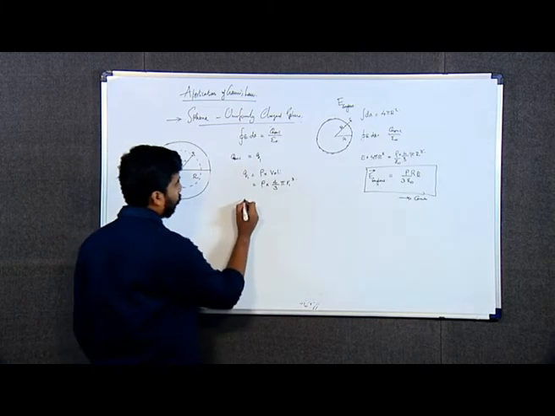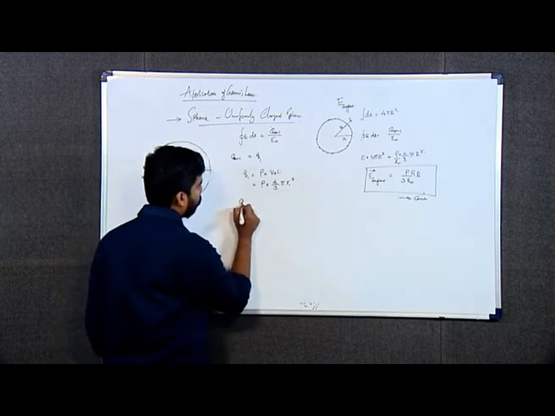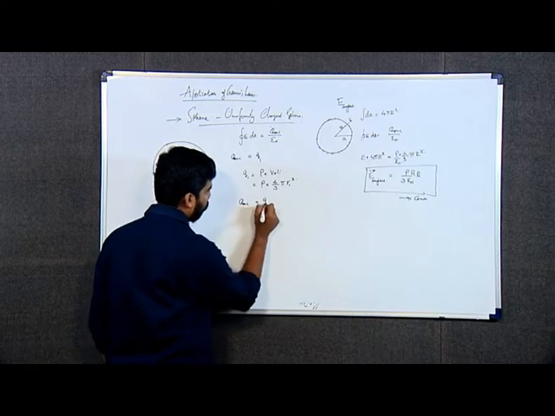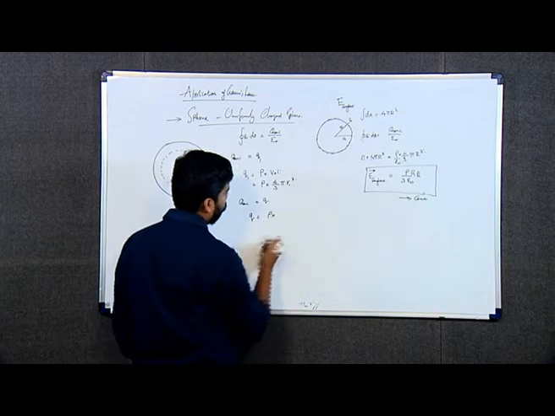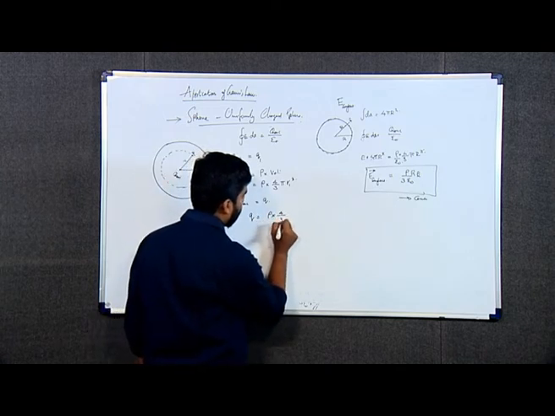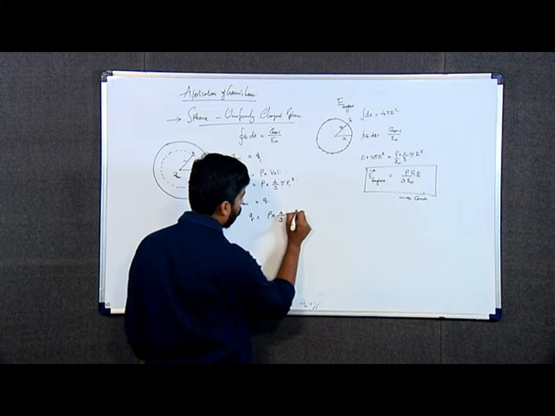But we know the total charge enclosed is equal to Q, which is equal to rho into 4 by 3 pi R cube.